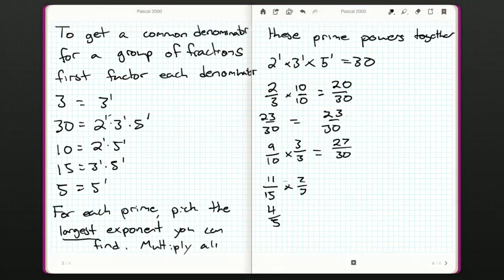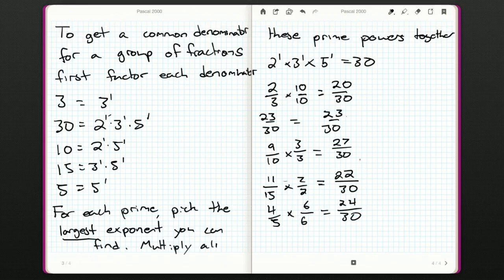Here we want to multiply top and bottom by 2 in order to make this denominator 30. So 2 times 11 on top, that's 22 over 30. And finally, what do we need to multiply 5 by to get 30? 4 times 6 is 24, 5 times 6 is 30. So what is the middle one here?